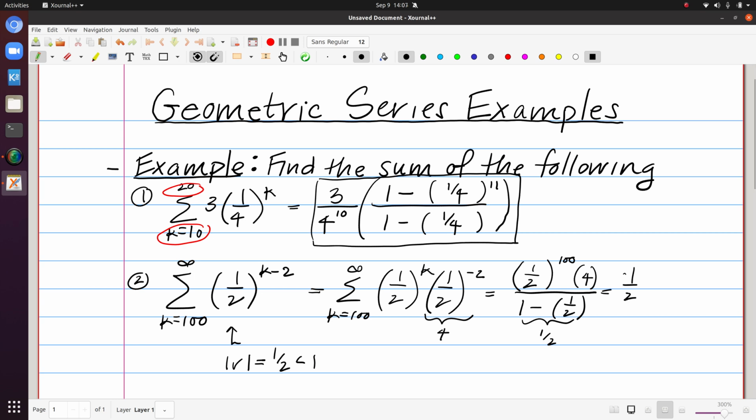So we could simplify this to 1/2 raised to the 100th power. And really I have a 2 squared in the numerator, and I'm dividing by a 1 over 2, so this would be times 2 cubed. So we could simplify this to 1/2 to the 97th.